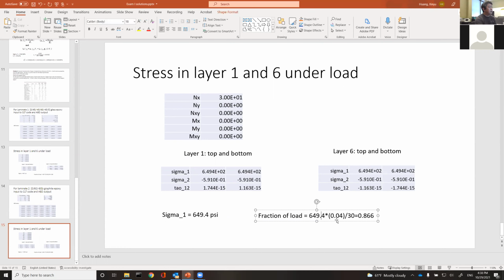Same idea, you calculate the fractional load. You take the stress 649.4, multiply by the total thickness of layers 1 and 6, which is 0.04, and then divide by the total load. In this case, it is 86.6%. So for the second laminate, the first and 6th layers take most of the load, more than in the glass laminate.